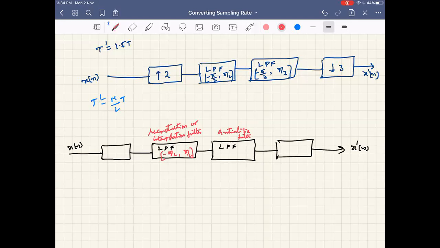And this is upsampling by L times, because we want to reduce the time period by L.